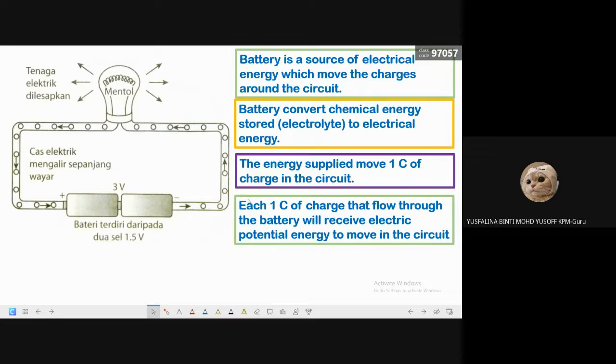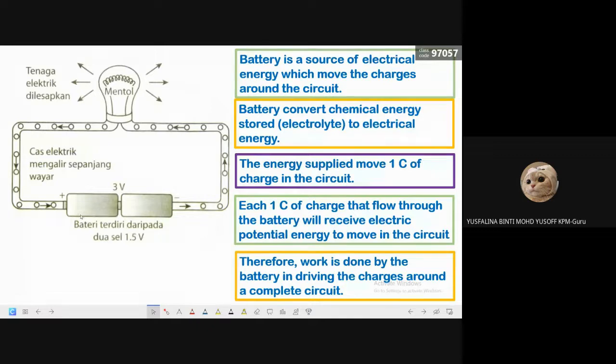Each 1 coulomb of charge that flows through the battery will receive electric potential energy to move in the circuit. So the charge will move to complete the circuit.